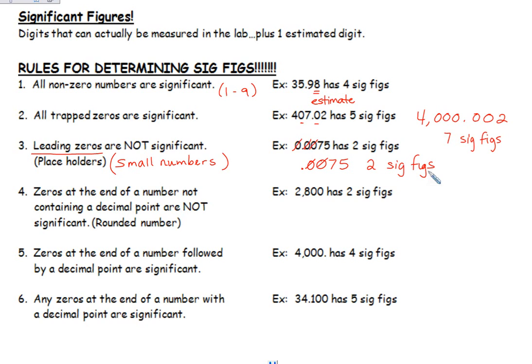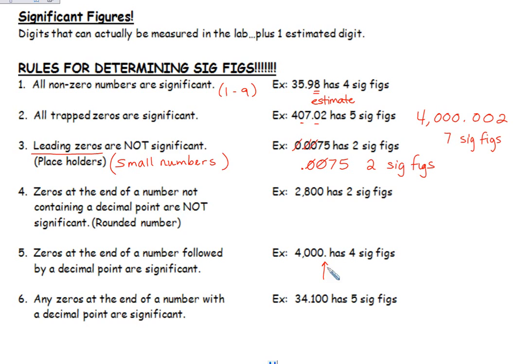If there is a decimal spot in the number, like if I skip ahead to number 5, that decimal spot is very important. If they put a decimal in, then that means yes, all of those zeros at the end of the number are part of the measurement. And we say there are 4 significant figures.